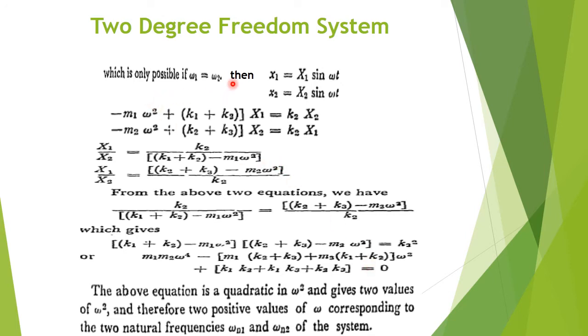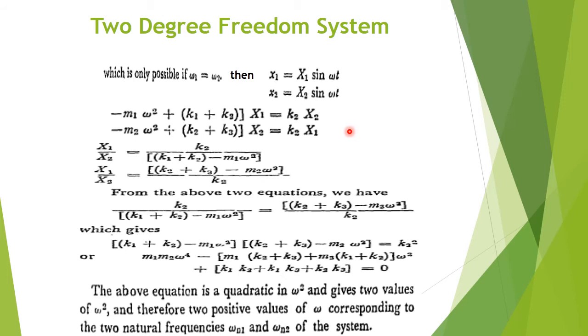So when we are considering omega 1 and omega 2 equal, we will get x1 equals x1 sin omega t and x2 equals x2 sin omega t. Now omega 1 and omega 2 are replaced by omega.